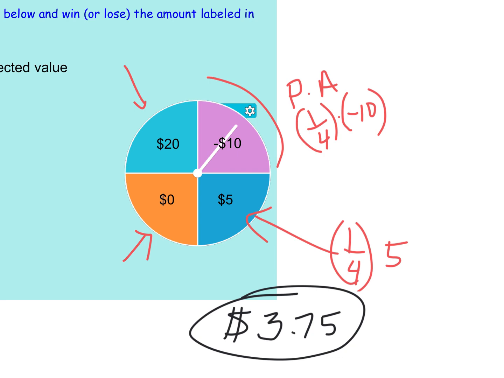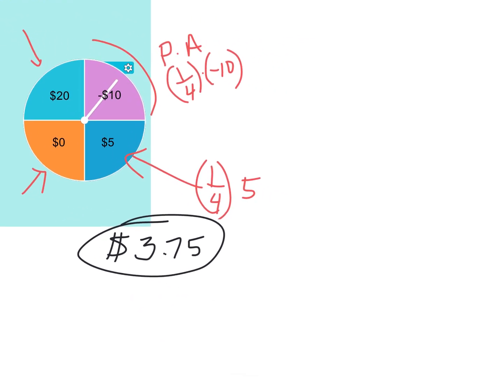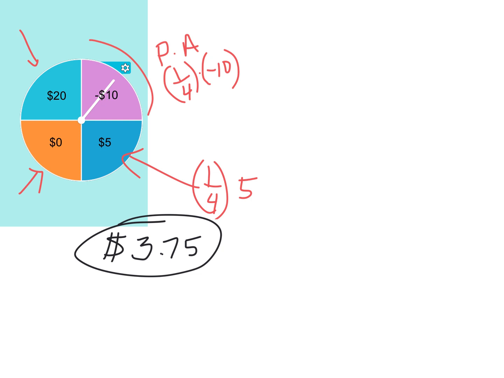All right. So if on average, this was a game at like a fundraiser. It's going to be a really sucky fundraiser game for them because people on average are going to win $3.75. If they don't have to pay anything, they're going to lose lots of money. So let's say you're in charge of the games and you're like, okay, how much should I charge?